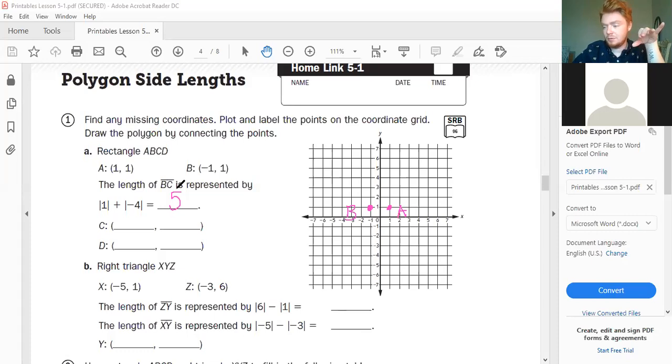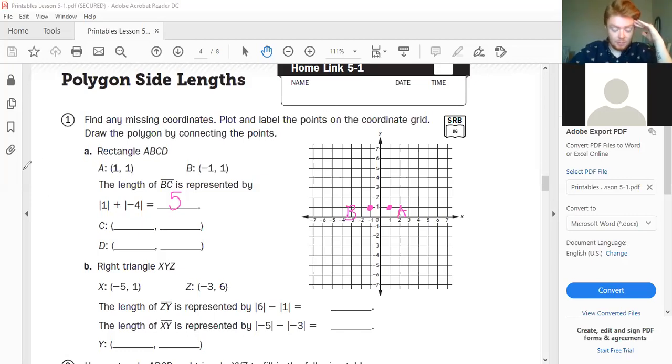Separate it. Okay, yeah. Because they're separated, it just wants to know what number is inside this wall, what number is inside this wall, add them.